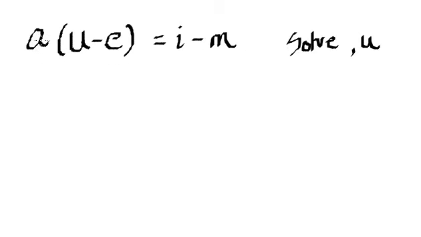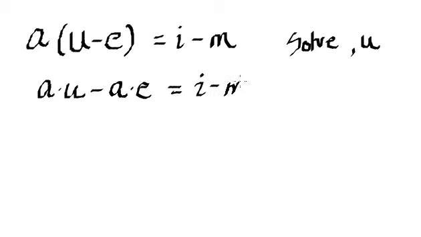Now what we're going to do here is I'm going to multiply this A across. So we're going to distribute the A, so this is A times U minus A times E is equal to I minus M. Now remember, we're solving for U. So I'm going to take this guy over to the right hand side.